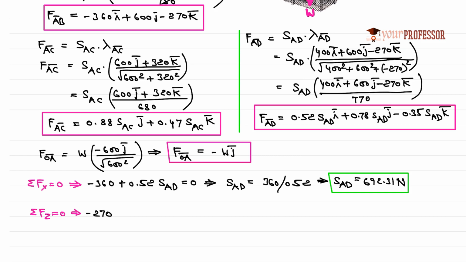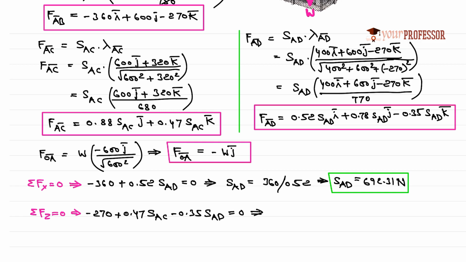When we consider FAC bar, it is nothing but 0.47 SAC. When we consider FAD bar, it is minus 0.35 SAD. And FOA bar has no coefficient of K bar, right? So it will be equal to 0.